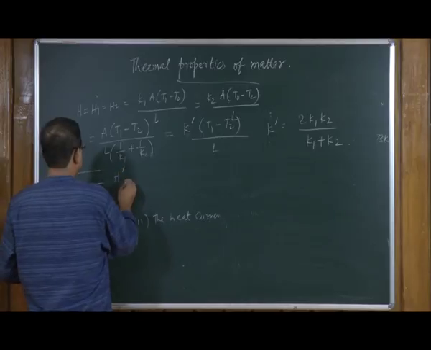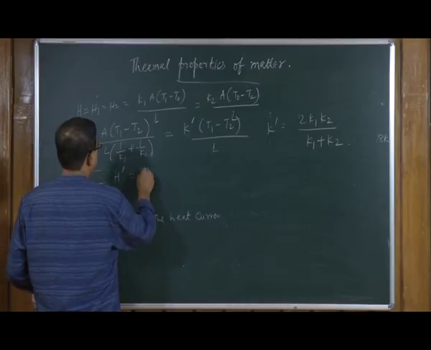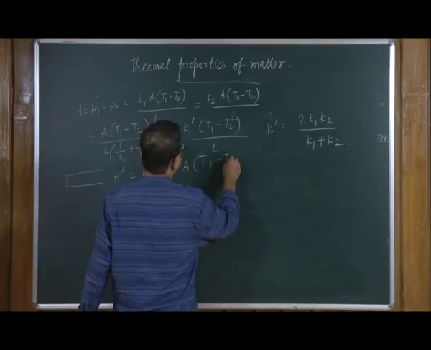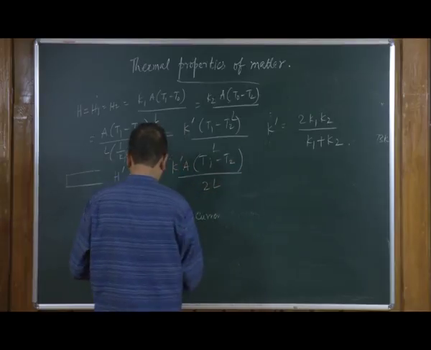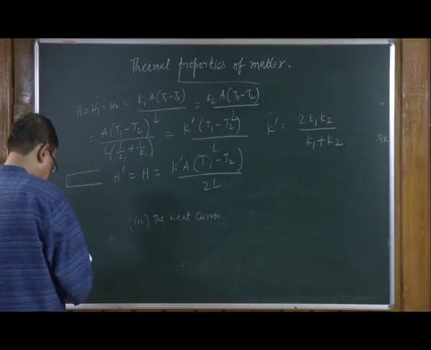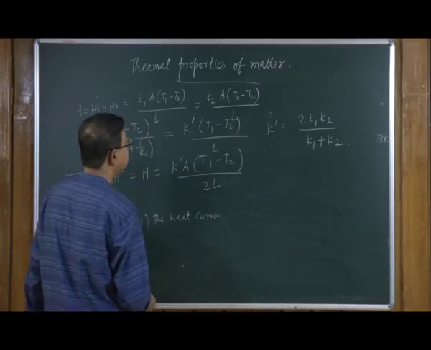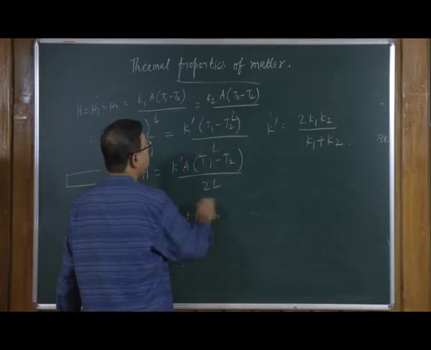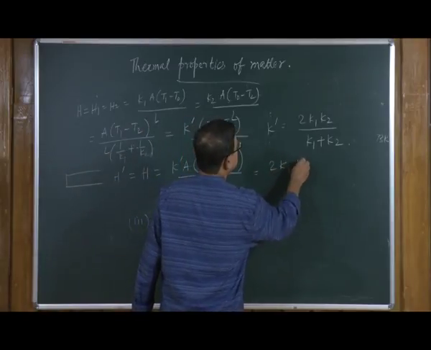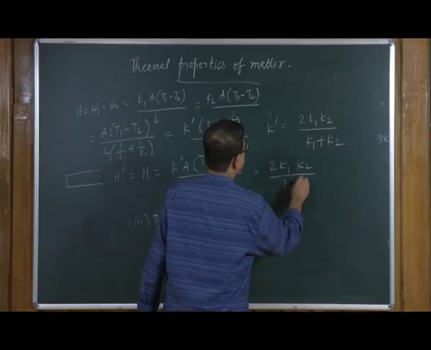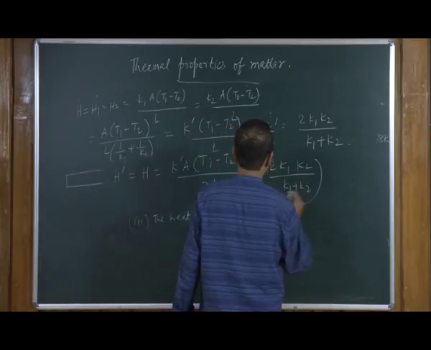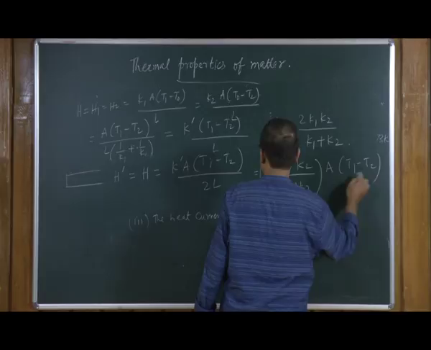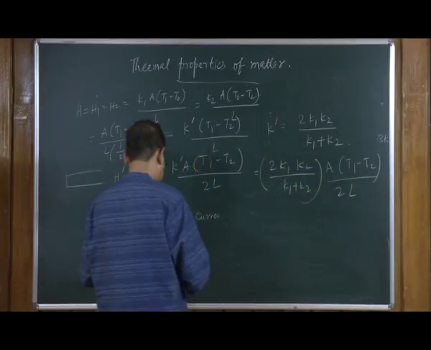The heat current through the compound bar is K prime A (T1 minus T2) divided by 2L, and so now we can put the value of K prime from part 2 and get the effective heat current for the compound bar.